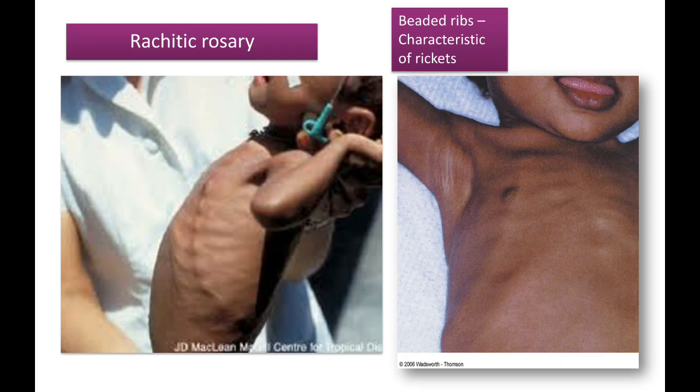This is a rachitic rosary, also called beaded ribs, which is a characteristic of rickets. You can see a beaded appearance at the costochondral junction of the ribs.